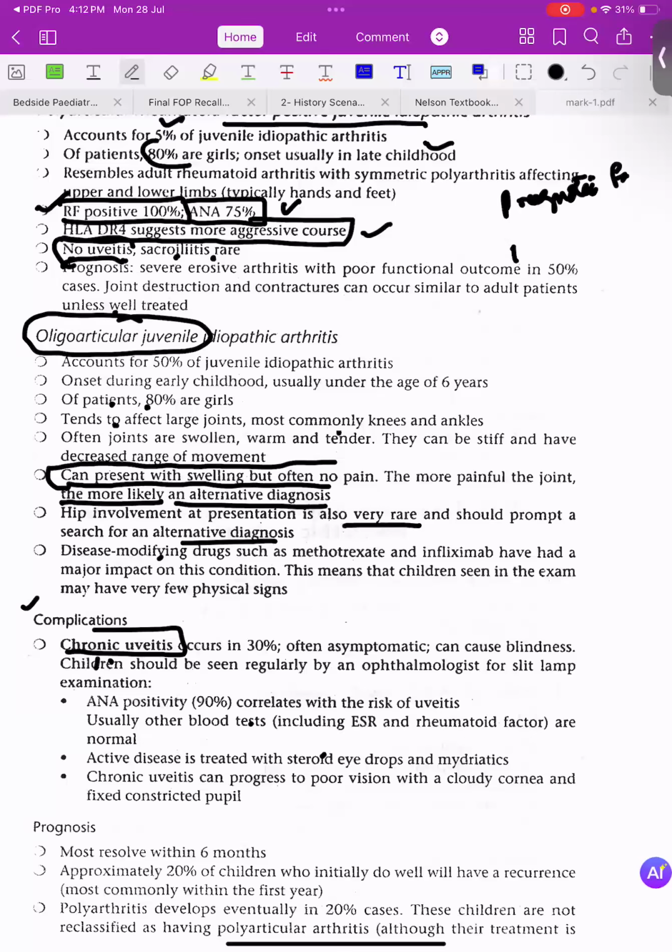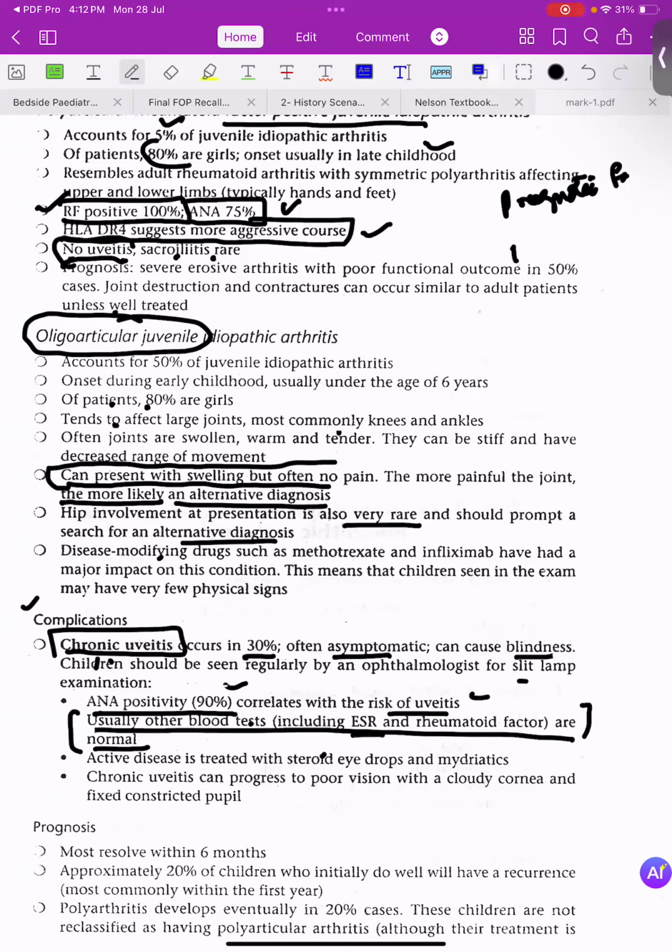Okay, complications. Now see here, in the complications of oligoarticular, they have talked about chronic uveitis. 30% are asymptomatic and it can cause blindness. Slit lamp examination; if ANA is positive, it correlates with the risk of uveitis. Usually their blood tests, ESR and rheumatoid factor, are normal, right? So why is this line important?